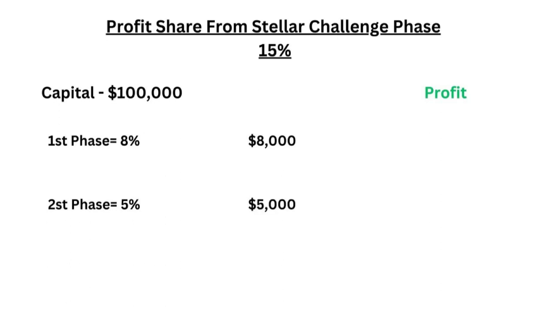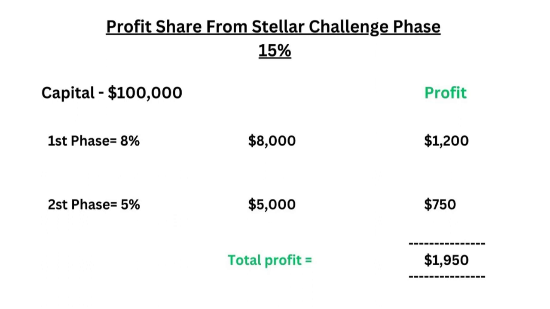So the profit you're going to make on this profit share from the Stellar Challenge phase, which is 15%: 15% of $8,000 is $1,200, and 15% of $5,000 is $750. So the total profit to make is going to be $1,950. This is what FundedNext is going to pay you when you pass their 2 phases on the Stellar model.